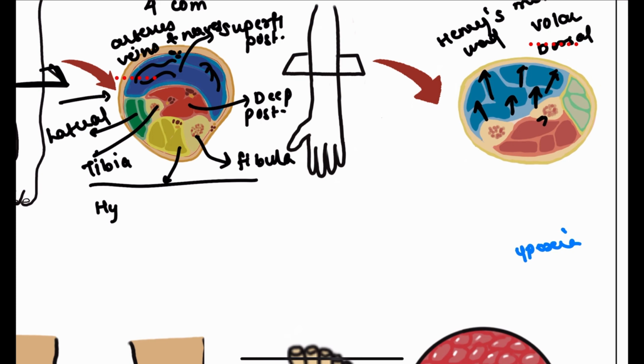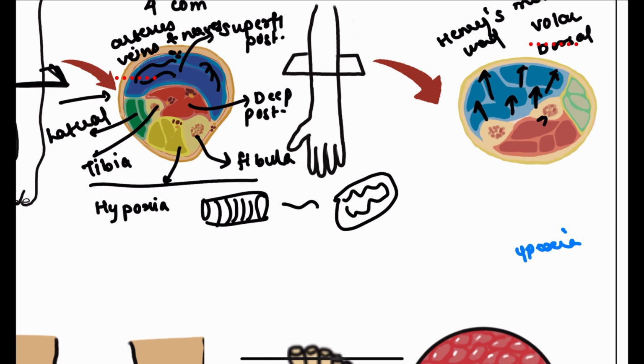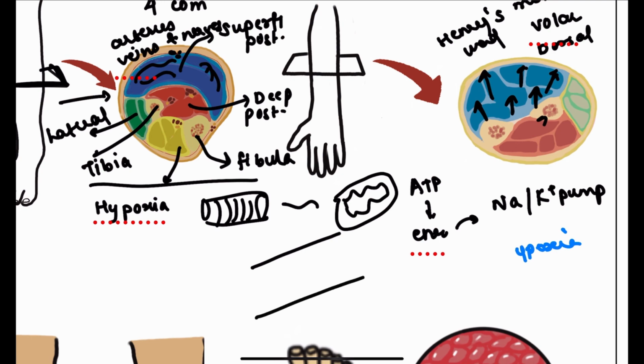Hypoxia in the muscle cells prevents the mitochondria from producing ATP. Now we know ATP is the energy source and it is required by the sodium potassium pump to take sodium out of the cell and potassium inside the cell.